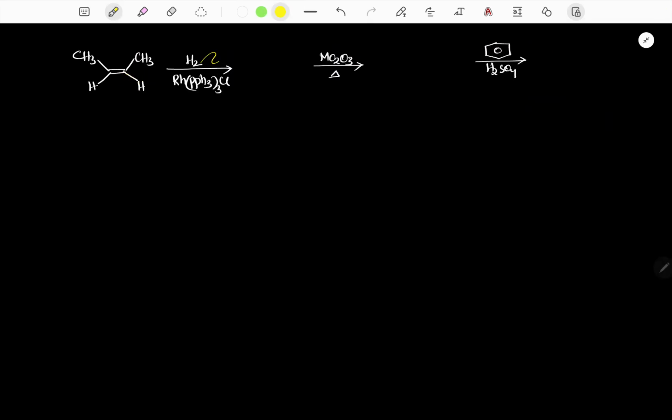Alkene treated with H2 and triphenylphosphine rhodium chloride. It is called Wilkinson catalyst. So it is simply a hydrogenation reaction that undergoes syn addition. Here the cis alkene undergoes syn addition. Finally it gives the corresponding n-butane.